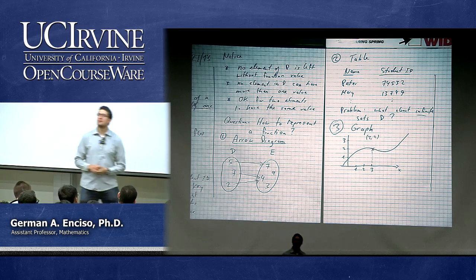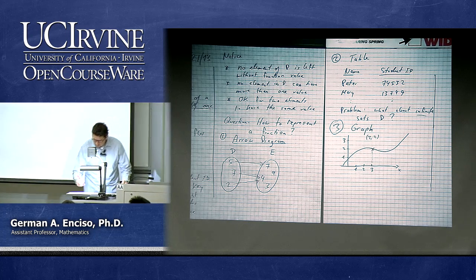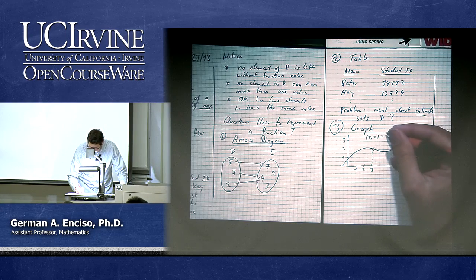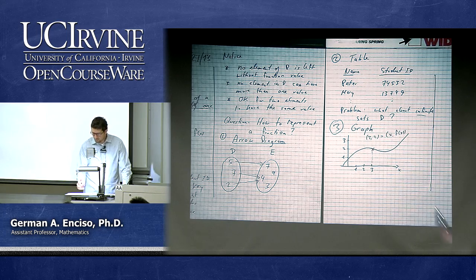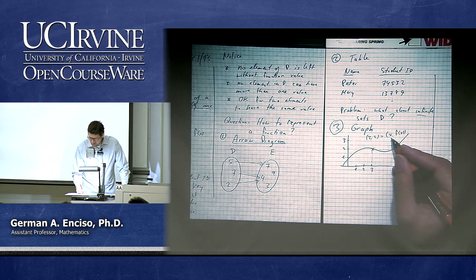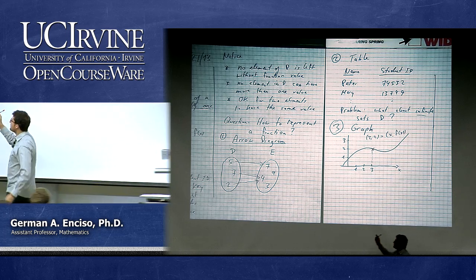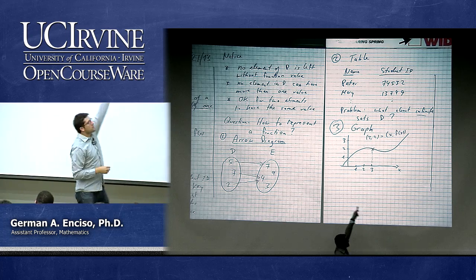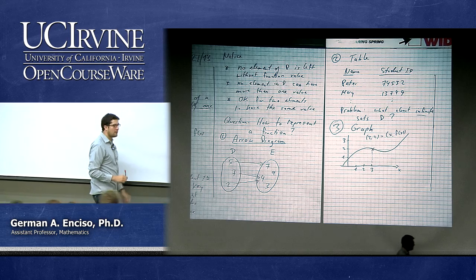Okay? That's what it means. So it means x, f of x. And from this pair you can read the value of the input and the value of the output. So if you take any value for the input and you want to know the value of the output, you just follow it vertically. Okay?